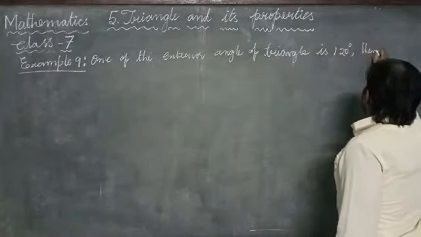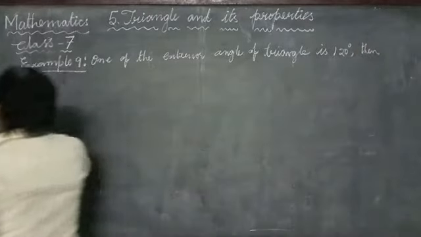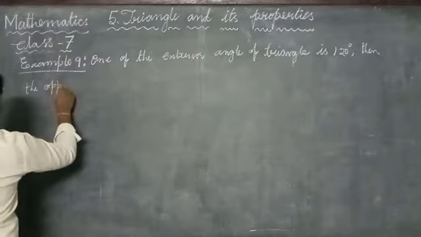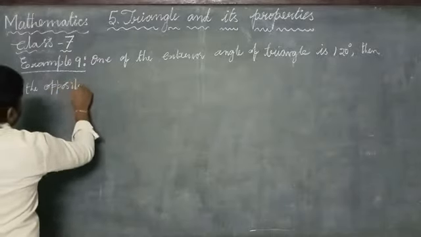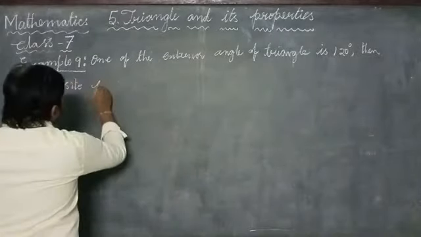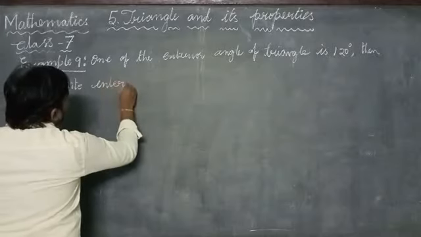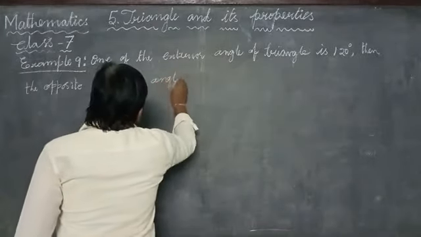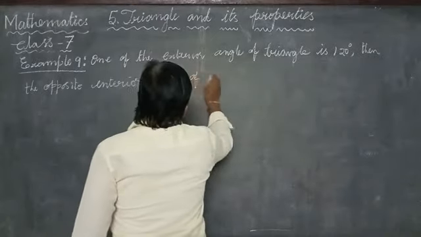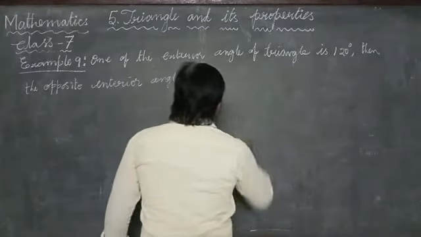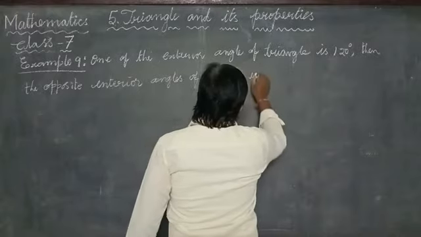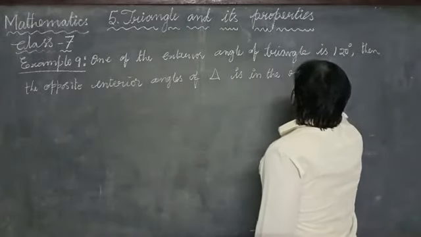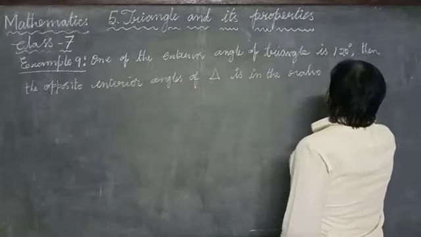Then the opposite interior angles of triangle is in the ratio 1:5.